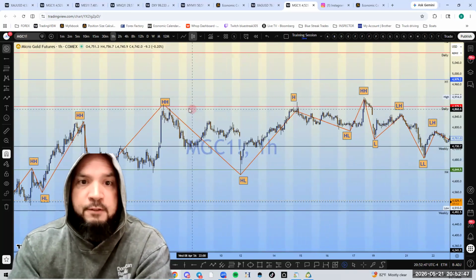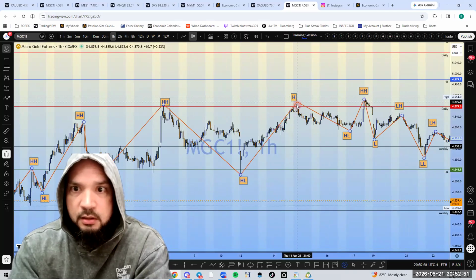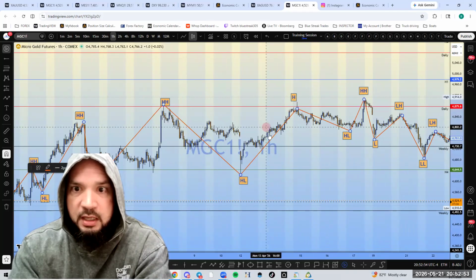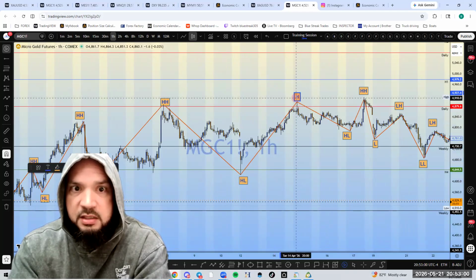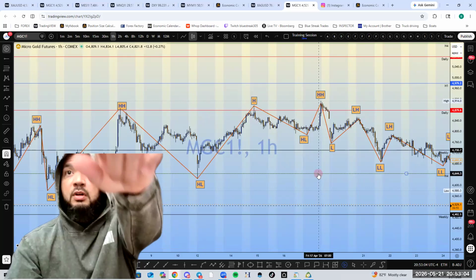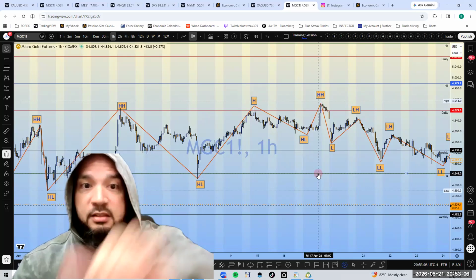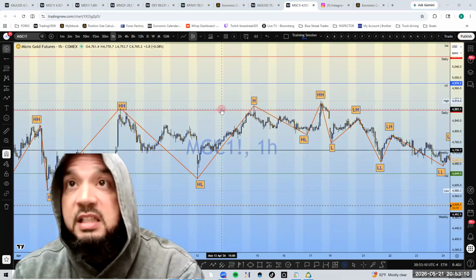So here we go, a higher low. Why is this just a high? Is that an equal high? It's an equal high. That's exactly what it is.